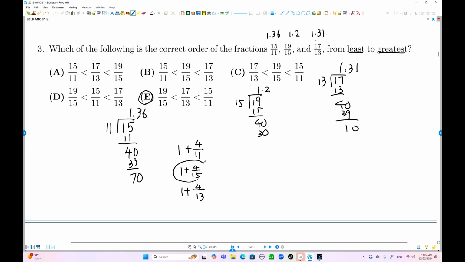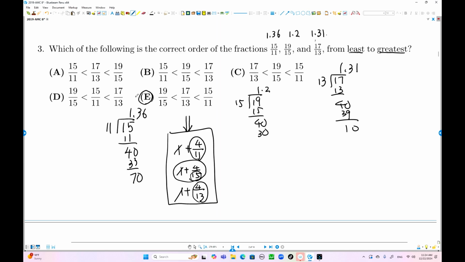They all have 1 as the whole number. This is the smallest one because we divided by the largest number. Second one is this one. This is the third one. If you know the scale, maybe you better solve this way. Okay, but this is AMC 8, so that's not enough time. Just quickly find the decimal number.